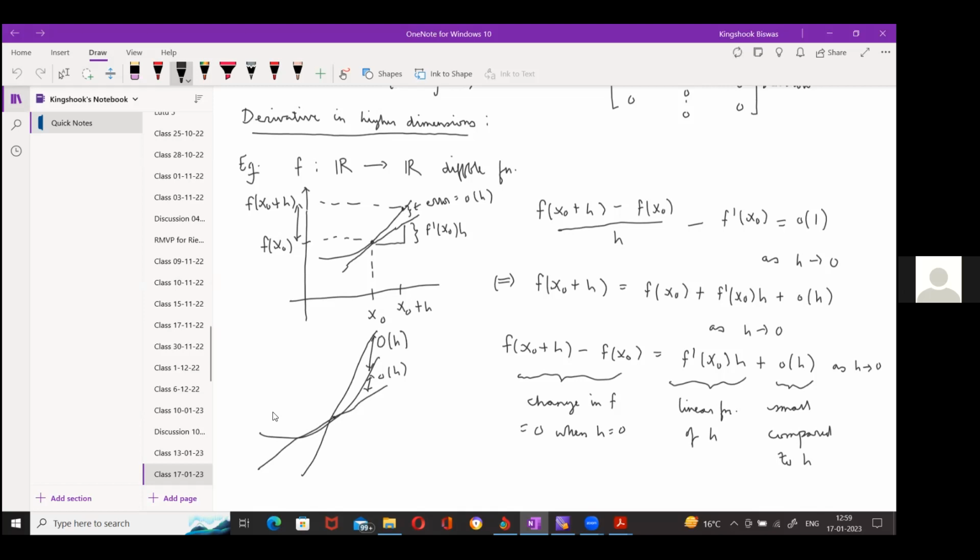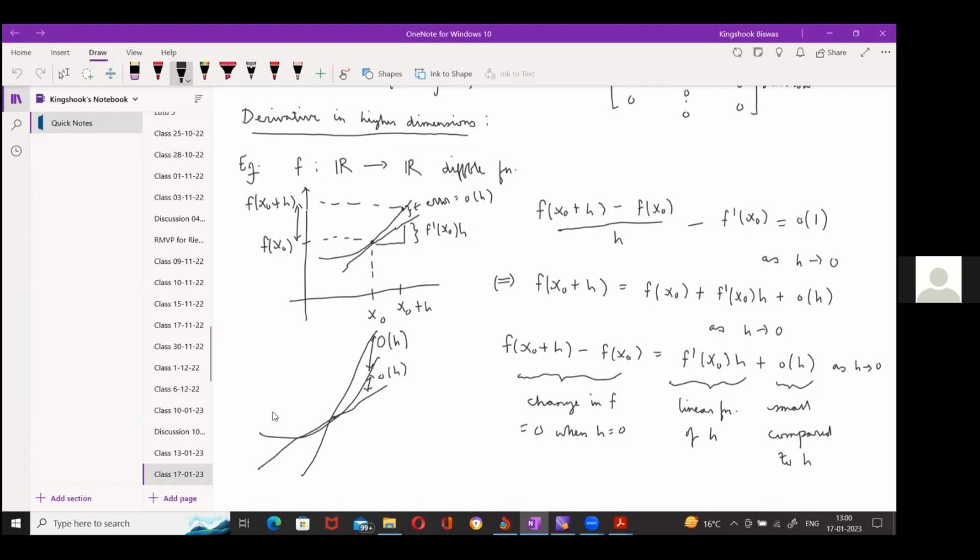If I take any line which is not equal to the tangent line, then the difference between the two lines will be big O of h, because they're two different lines. So it's like some non-zero constant times h. And the graph is within distance little o of h from the line.